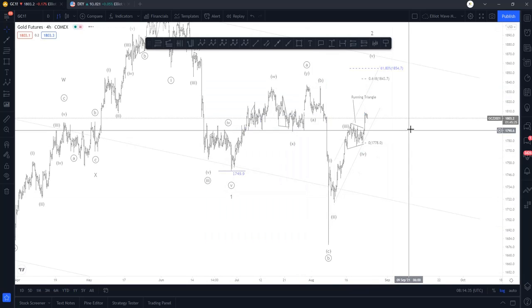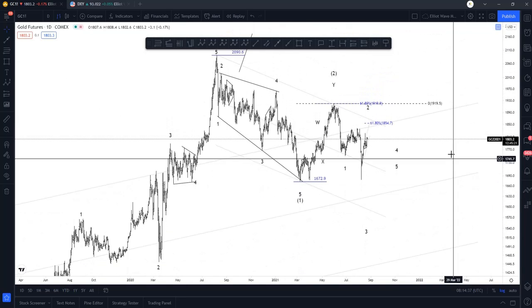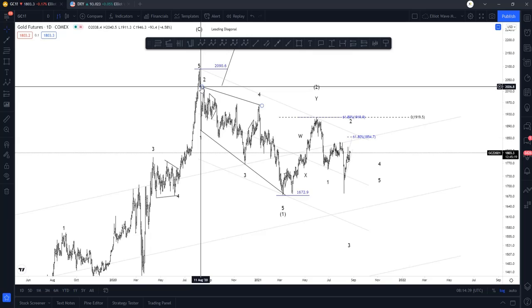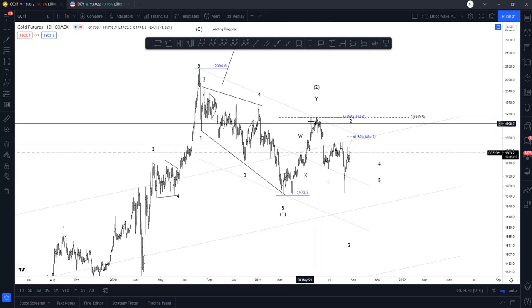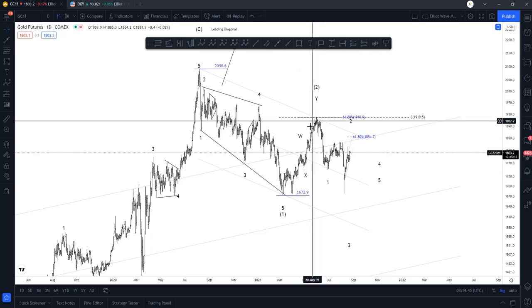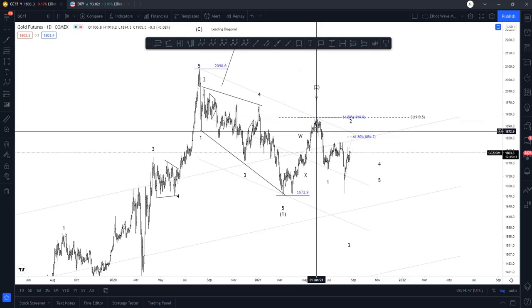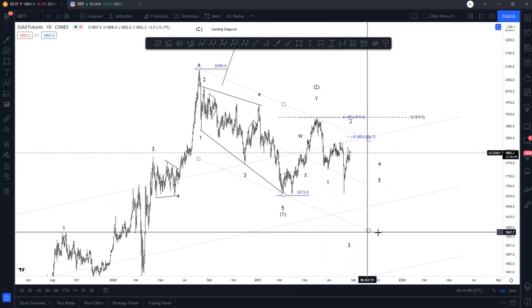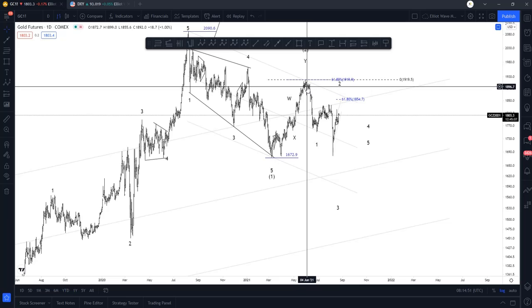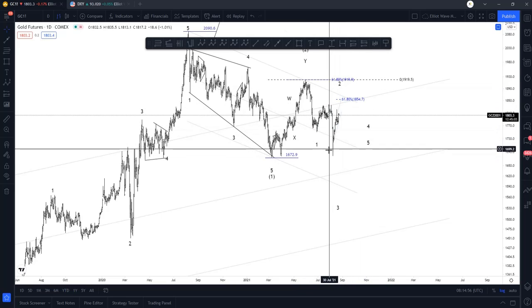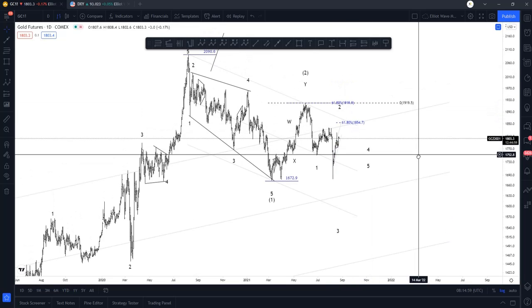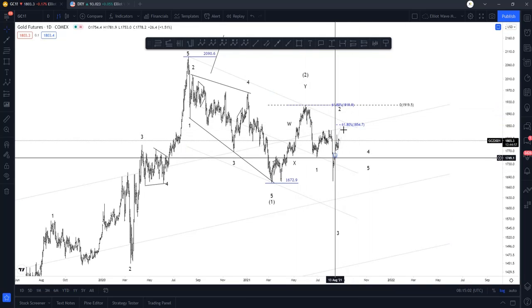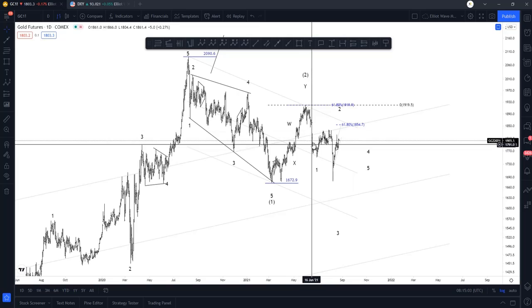Looking at the daily time frame, we can see that the market has formed an expanding diagonal as wave 1. We have then formed a nice zigzag correction as wave 2, and we are now forming an impulse wave sequence as part of the intermediate degree wave 3. Most importantly, however, is this sharp move higher for this C wave, which is indicating to me that this is a temporary flat correction.